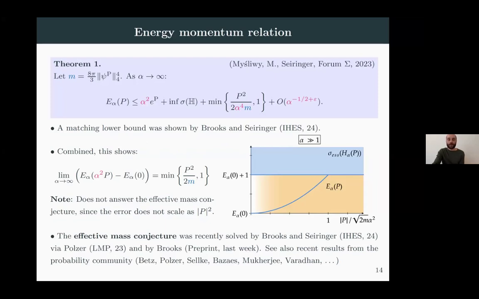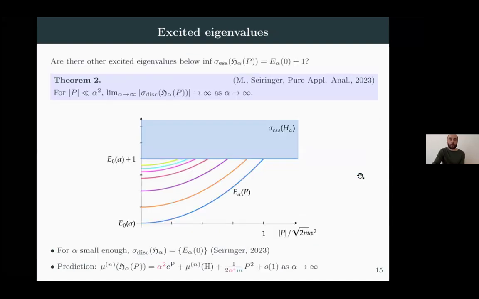Now, the last theorem that I want to present asks the question whether there can be other eigenvalues between this lowest energy curve here and the bottom of the essential spectrum. And the answer is yes, and in fact there is an unbounded number of such excited bound states between the bottom of the spectrum and the essential spectrum.